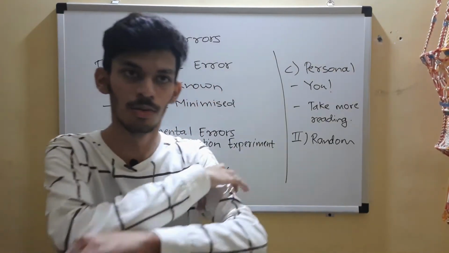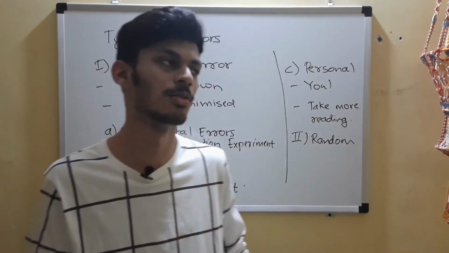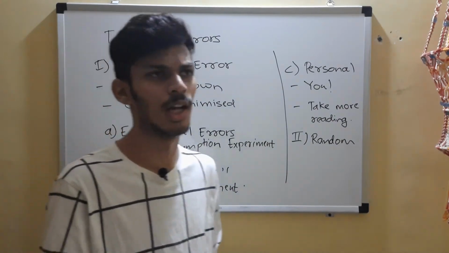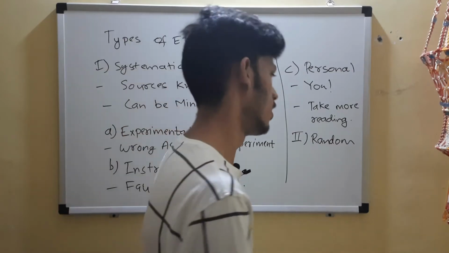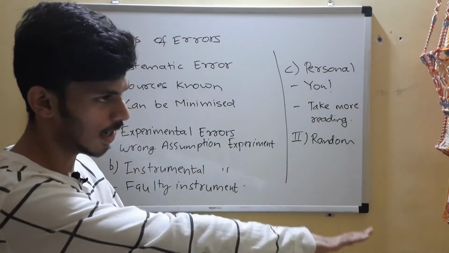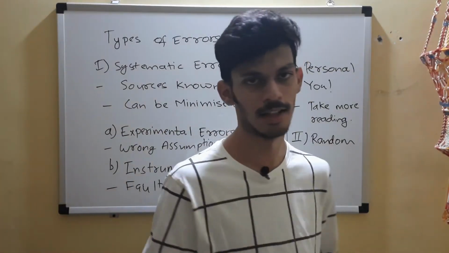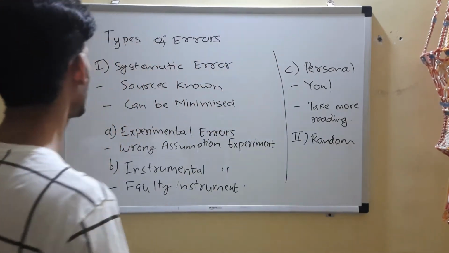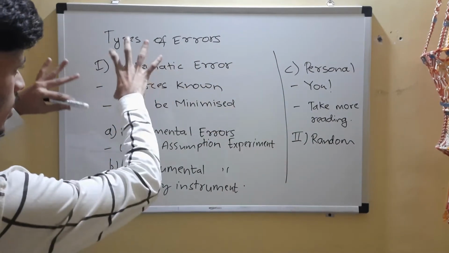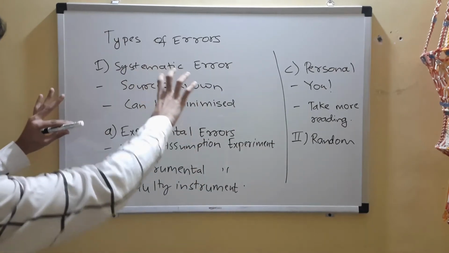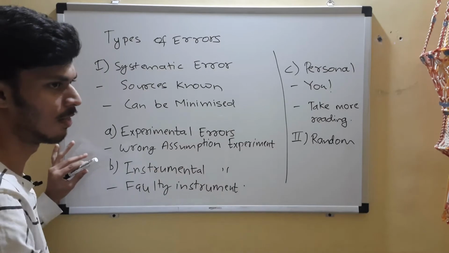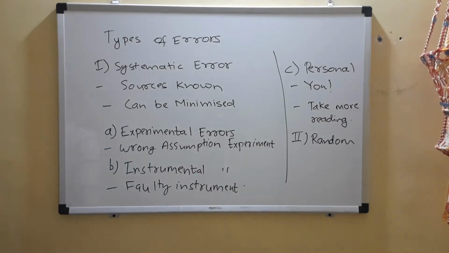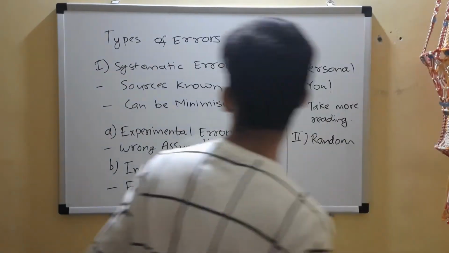It can occur through any random phenomena, maybe due to temperature rise or fall, whatever. So it's completely random, and random errors do exist. So systematic and random. Under systematic we have three: what is systematic, its sources, and how to minimize. You can note this down if you want to.